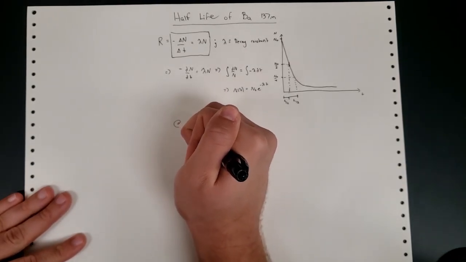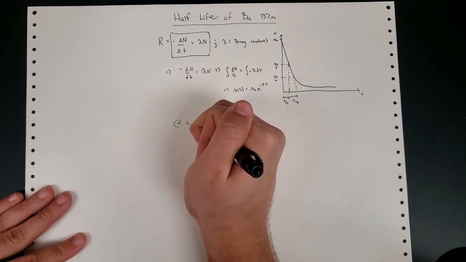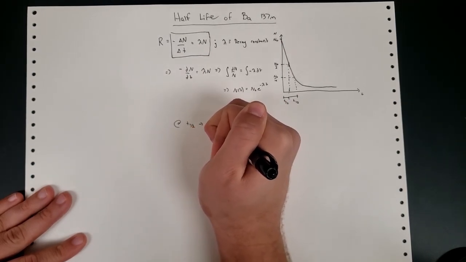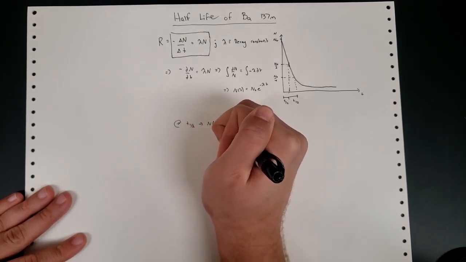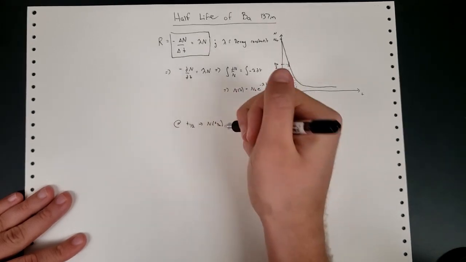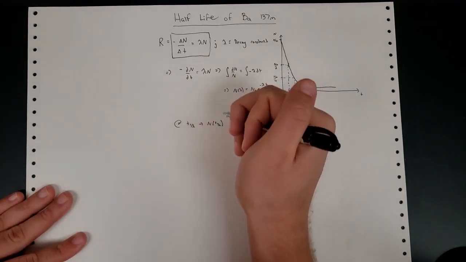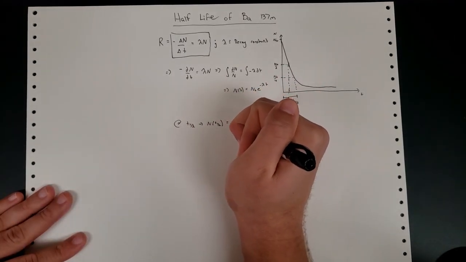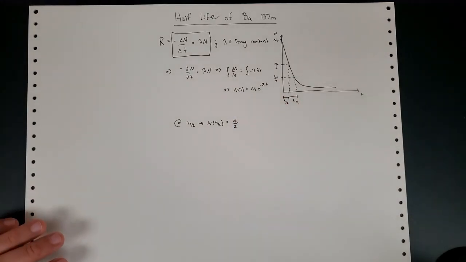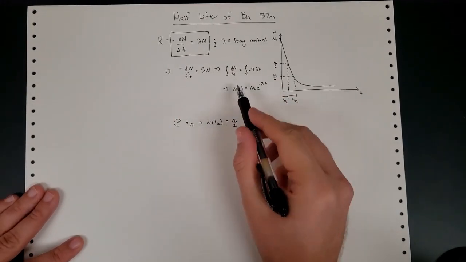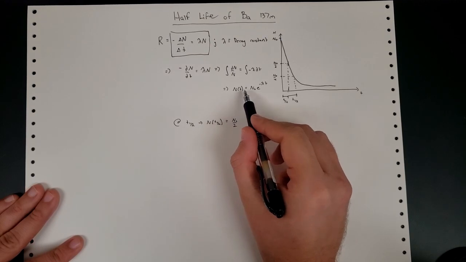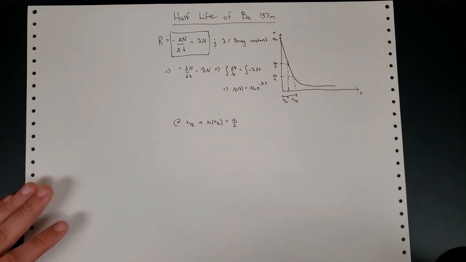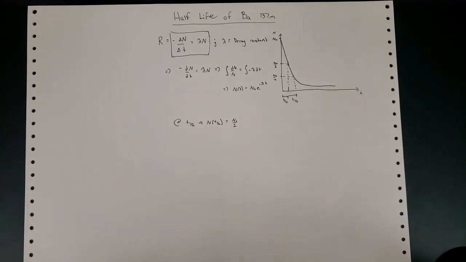the half-life, at t 1/2, the number of particles evaluated at the half-life is equal to half of whatever the initial number was. So at this time, this number becomes half of this initial value at the half-life, because that's how it's defined.